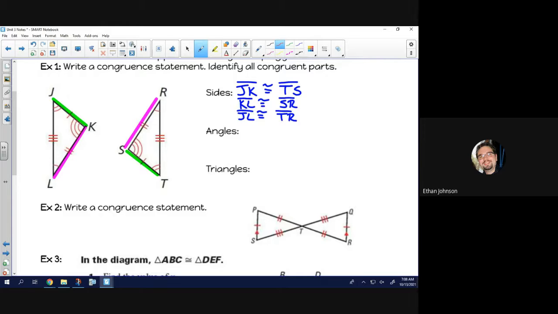I can say angle L, single arc, matches with angle R. I could say angle J, double arc, matches with angle T. Last but not least, we could say angle K matches with angle S. And those are congruent.